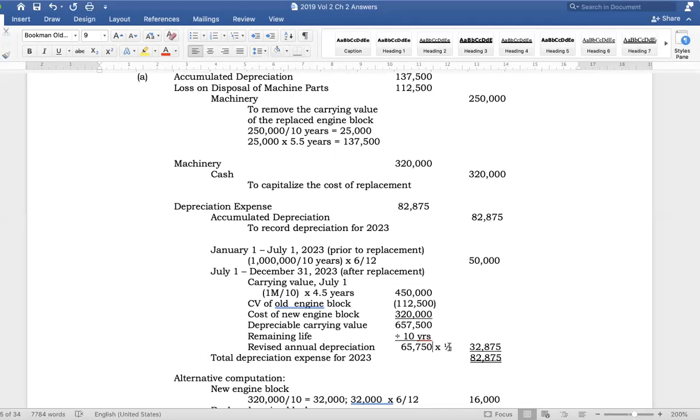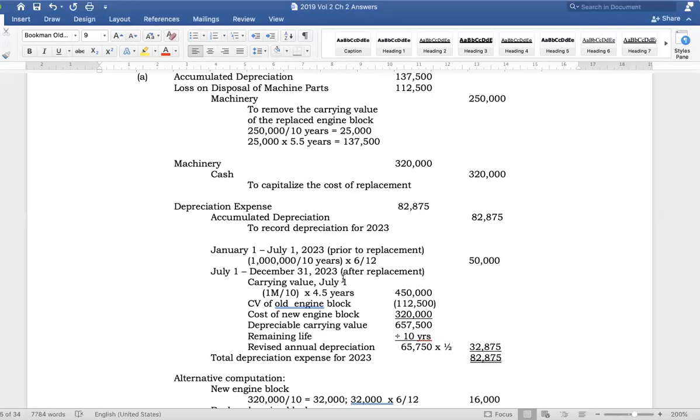So from July 1 to December 31, 2023, the depreciation on the asset is 32,875. Again, from January 1, 2023 to July 1, 2023, the depreciation is still based on the cost of the old machine, based on the previous revised life, 50,000.